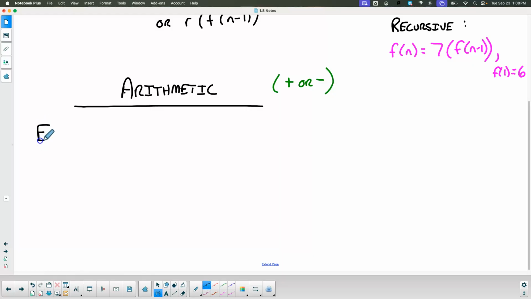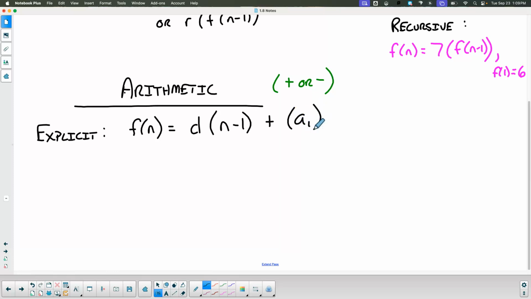So our explicit is going to be f of n is equal to d times n minus 1, then plus a sub 1.